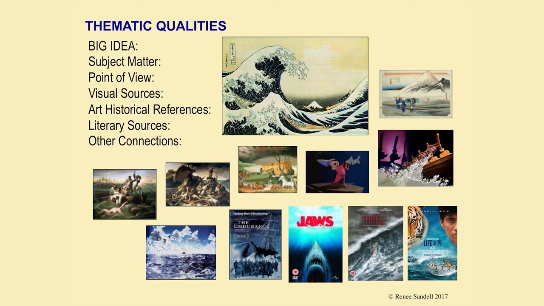Films such as The Poseidon Adventure, Jaws, Perfect Storm, The Endurance, Fantasia, and The Life of Pi. I have to note that in terms of Fantasia, the way that Mickey's hands are moving are very much like the large wave in front of the work.